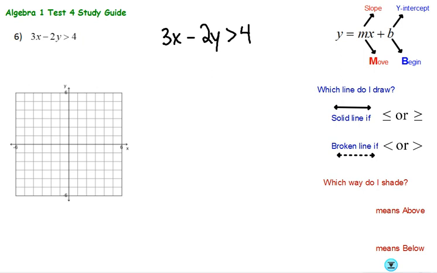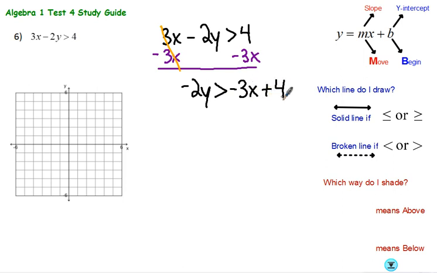The first thing is always to move the x over to the right side, and we're always doing the opposite to move stuff. So the opposite of positive 3x would be minus 3x. The 3x's cancel each other out, and you've got negative 2y greater than negative 3x plus 4.